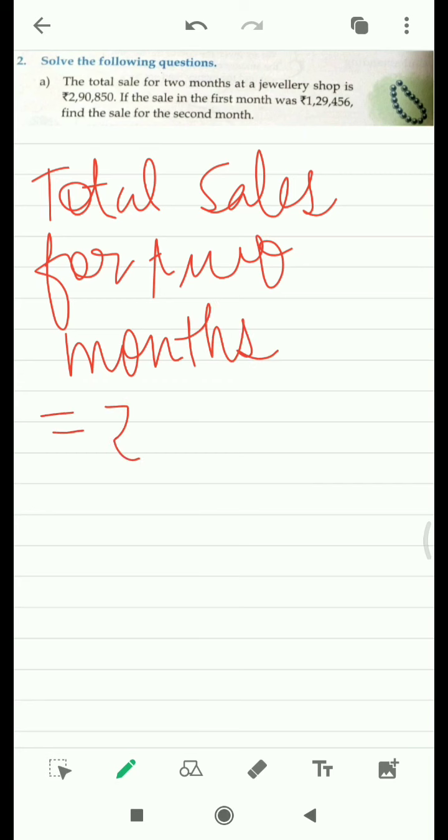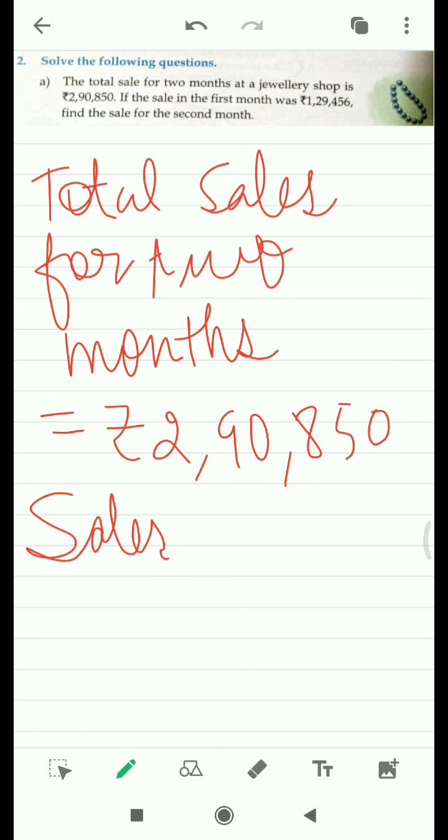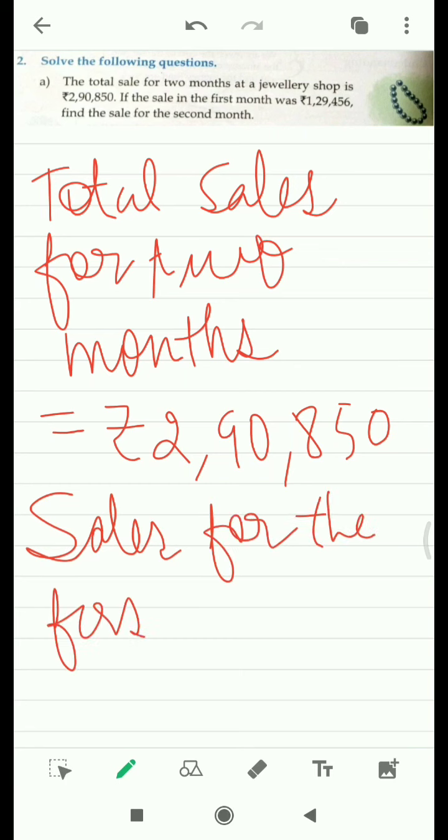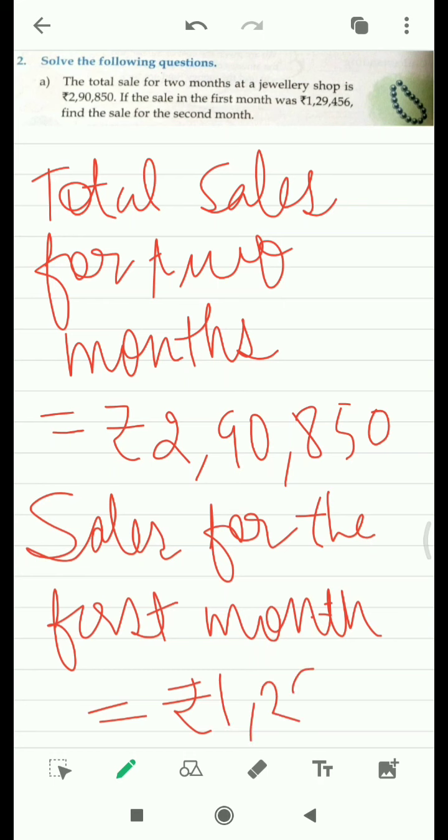That is rupees 2,90,850. Now sales for the first month. It was rupees 1,29,456. Now we have to find for the second month, so we're going to simply subtract it.